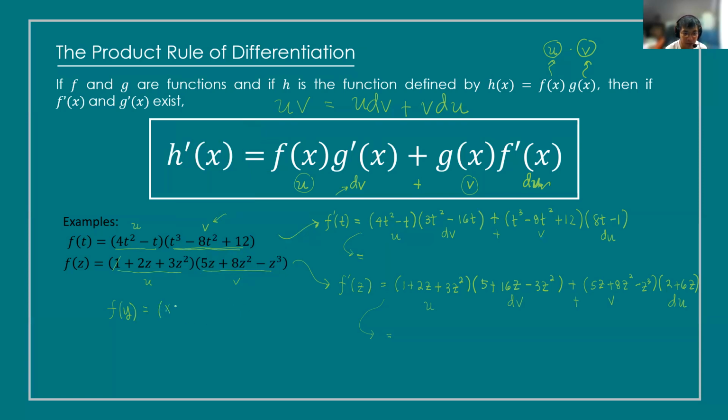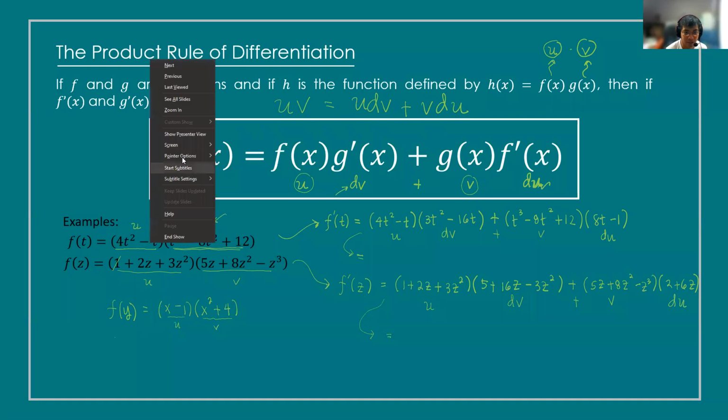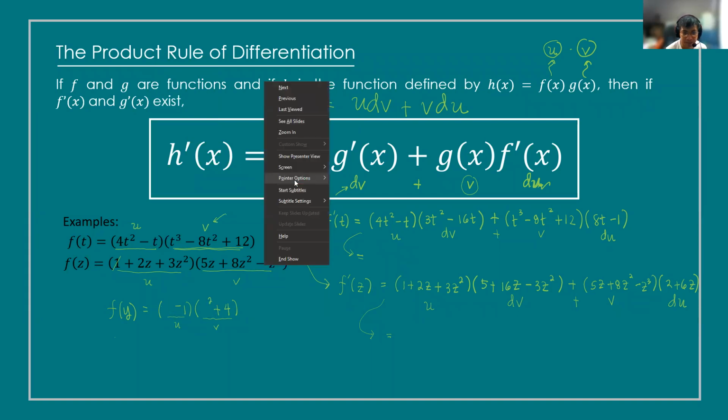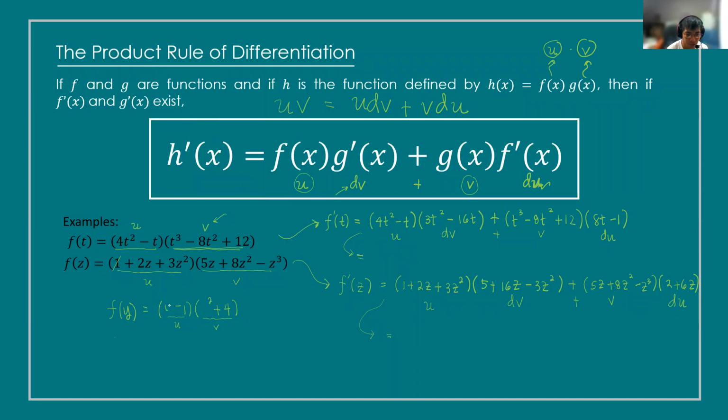So let's say y minus 1, then you multiply it with y squared plus 4. So again, you can set this one as your u parameter, and this one as your v parameter. Let's make it y. So y minus 1 and then y squared plus 4.